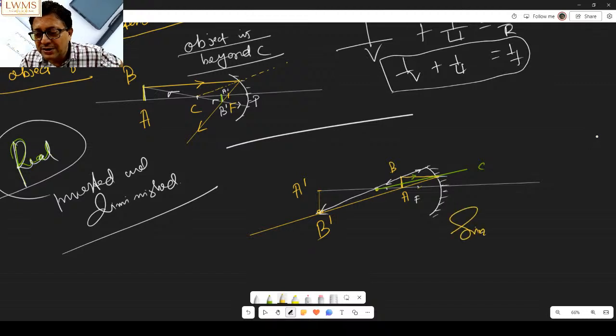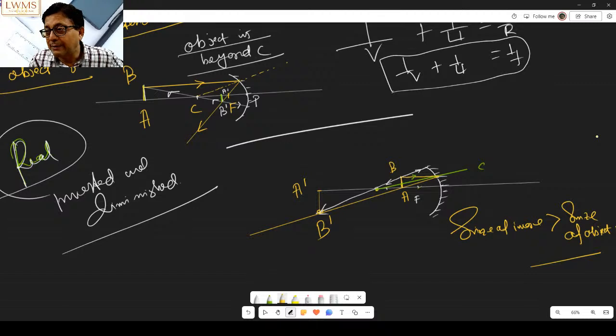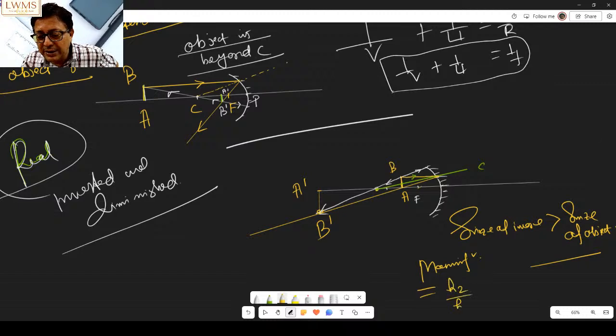Size of image is greater than the size of object. We'll define magnification m equal to h2 by h1. h2 stands for what?